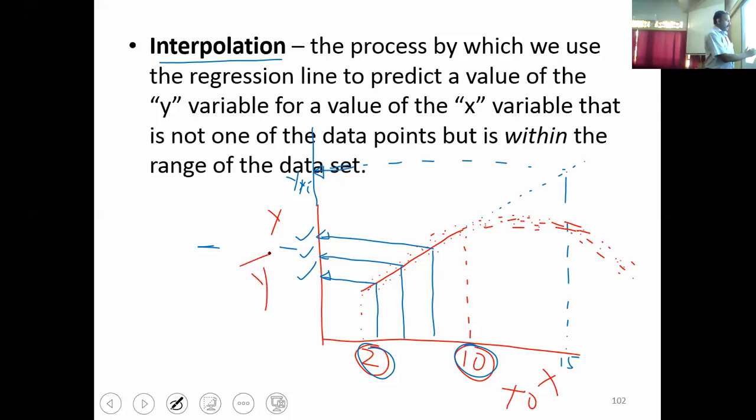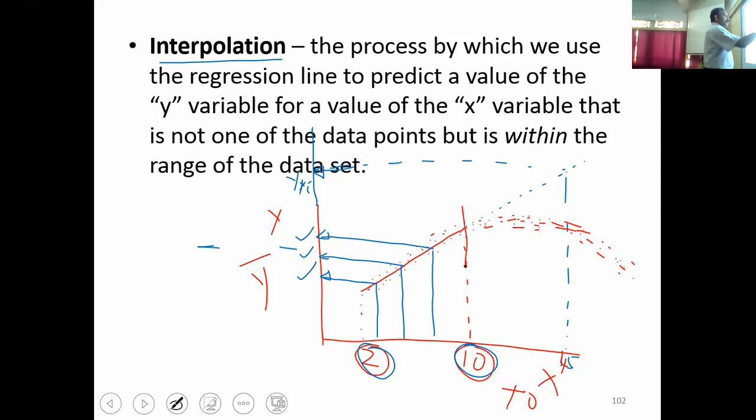You have measured only within the range of temperature 2 to 10 degrees centigrade. In that range temperature favors the yield. But after, let's say this is 45, temperature 45, what is happening? The yield is decreasing.